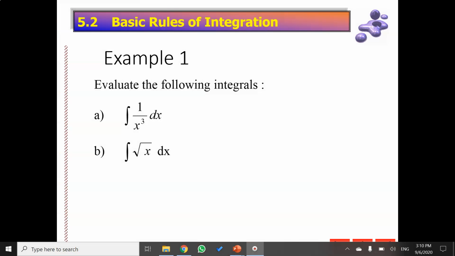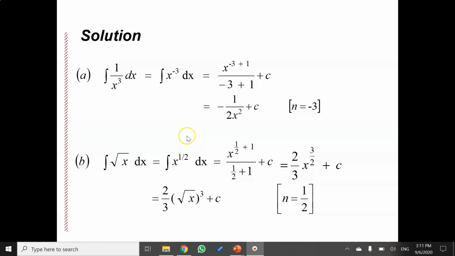Now, let's see example 1. Evaluate the following integrals. A, integrate 1 over x cubed dx. And B, integrate square root of x dx. Okay, let's see how we're going to solve it. The first one, integrate 1 over x cubed dx. So remember, 1 over x cubed means there will be a negative power. So we write it back: integration of x to the power of negative 3 dx.